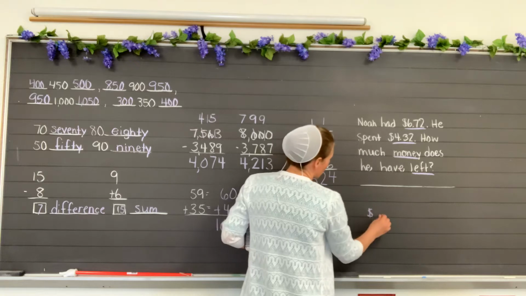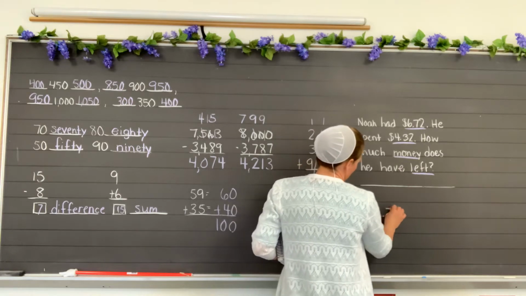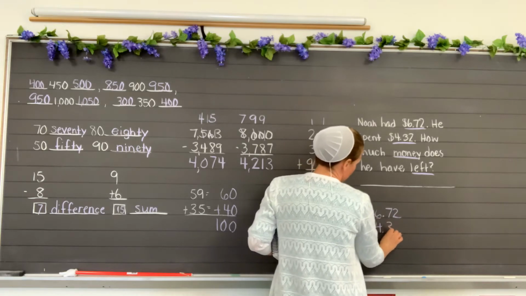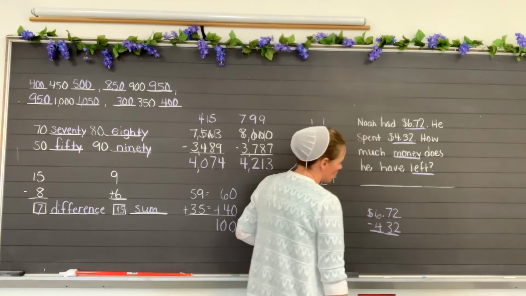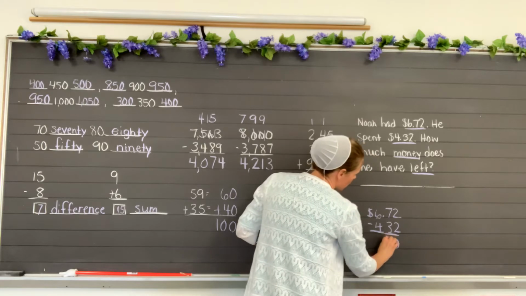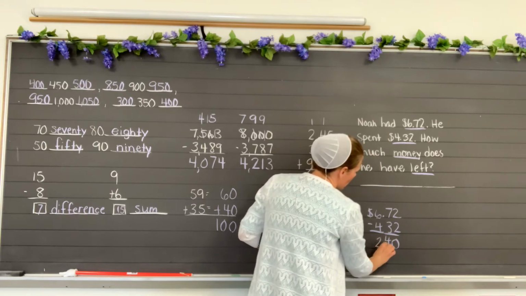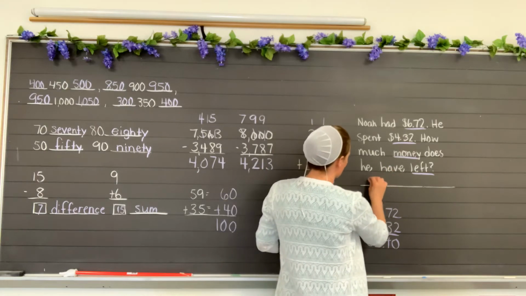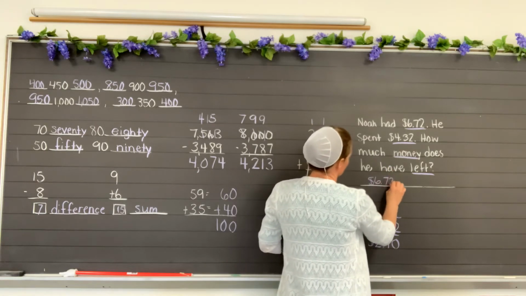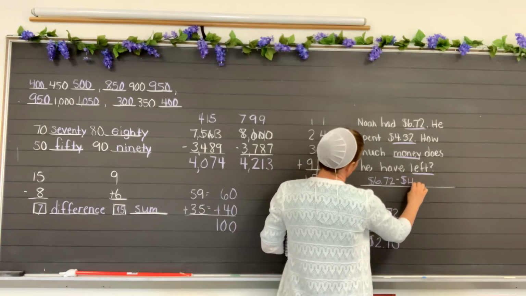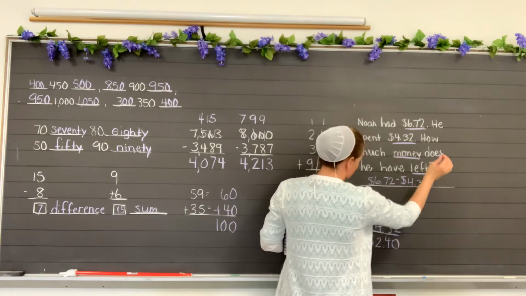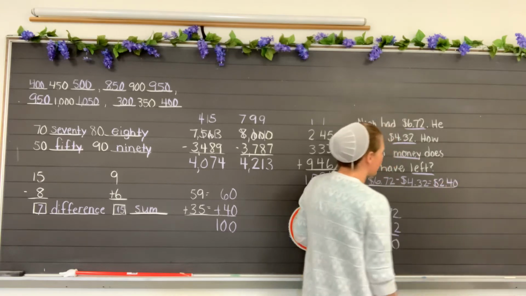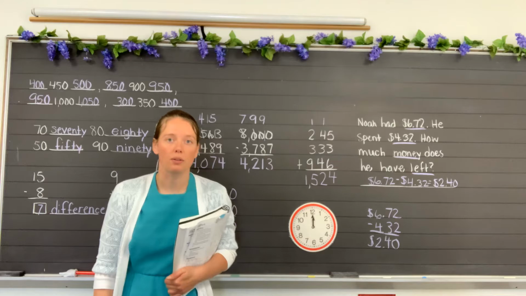So we will subtract to find the answer. 2 minus 2 is 0, 7 minus 3 is 4, 6 minus 4 is 2. So your answer is $2.40, and we'll just write it up here also. Okay, so $2.40 is your answer.